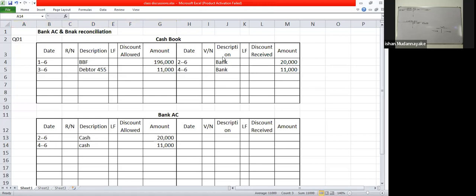Look at the next transaction. 8 June. The check number 562, 16,000 that was issued for the sales has been deposited at the time of receipt.